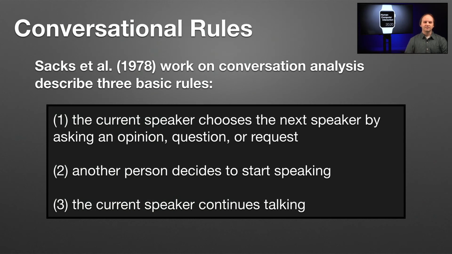You can characterize it with three basic rules: the current speaker will choose the next speaker, usually by verbally indicating who the next speaker will be. Sometimes it may just be looking at someone or gesturing to someone. Then that person may decide to take on that role, and they'll continue to speak until this all happens again. Now you have some situations where people might interrupt, or there might be things that are higher priority, but this accounts for basic face-to-face conversation.